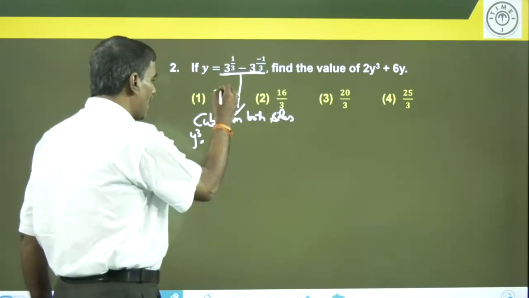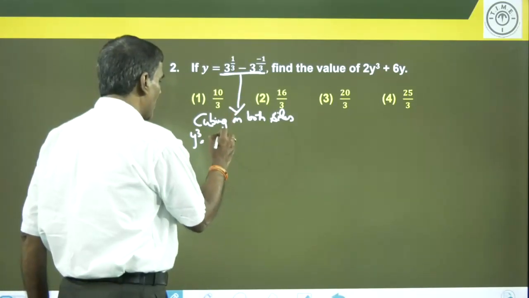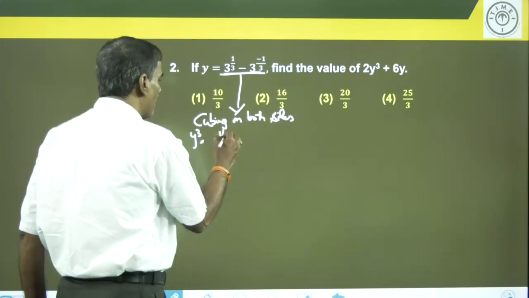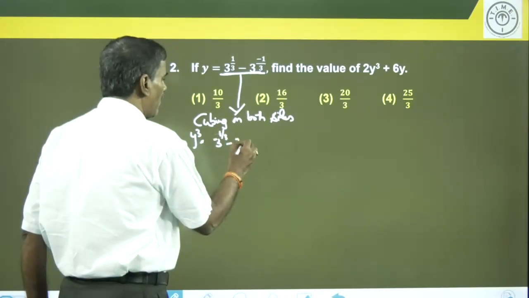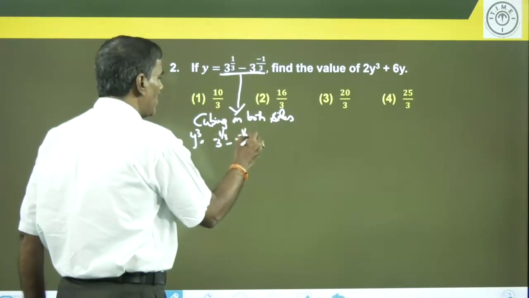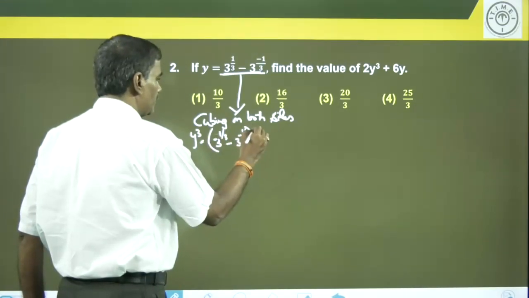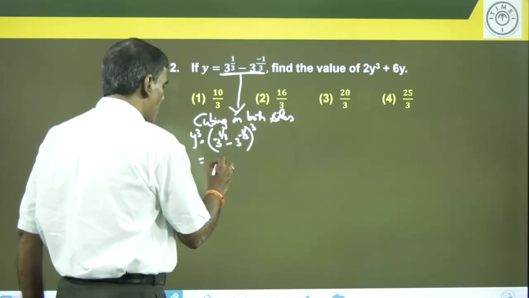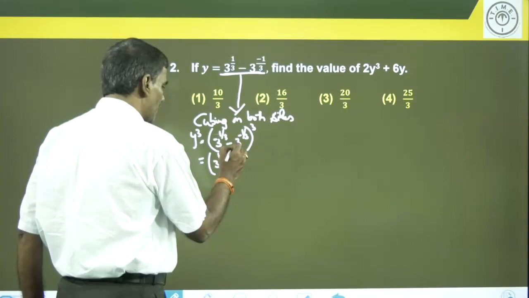So in place of a, we are having 3 power 1 by 3. So first I will write (3 power 1 by 3 minus 3 power minus 1 by 3) whole power 3. Now a cube, so (3 power 1 by 3) whole power 3, that will be simply 3 only.